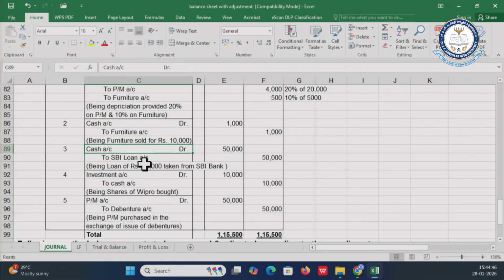We write the journal entry like this: cash account debit to SBI loan account. The first line is always for the debit, the second line is always for the credit. So cash is coming in, debit what comes in 50,000, to SBI loan account, that is 50,000.